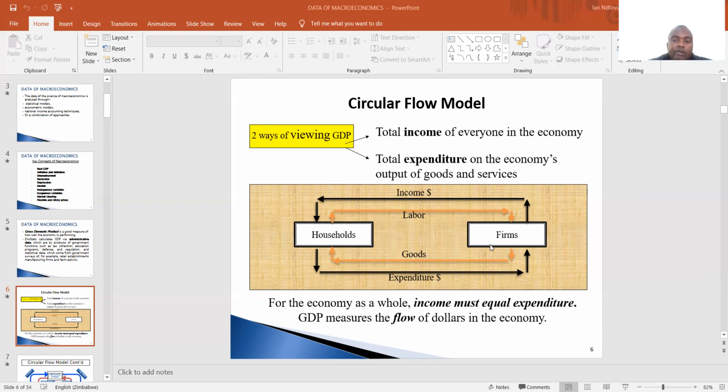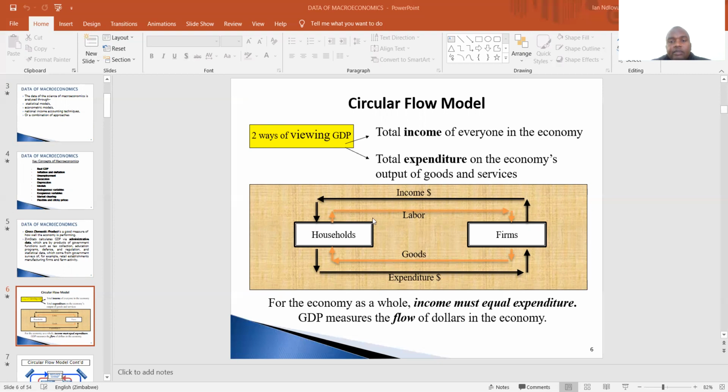The entire economy is conceptualized as comprising of two sectors, namely households and firms. Households supply factors of production, which on this diagram are represented by labor. But we also have enterprise, land, and capital.